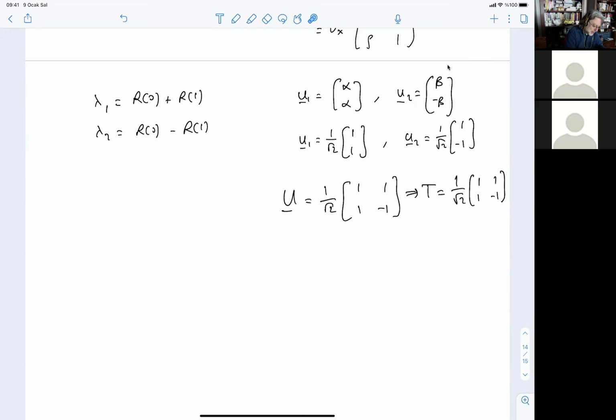And interestingly, this transform is cosine theta, sine theta, sine theta, minus cosine theta for theta equal to 45 degrees. So it's a rotation corresponding to 45 degrees.